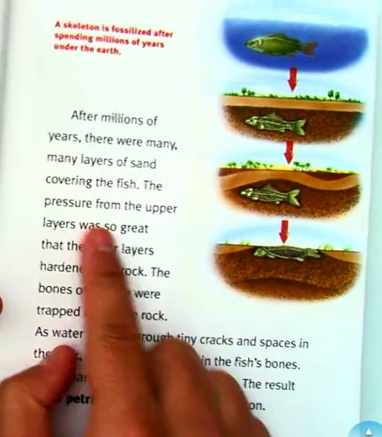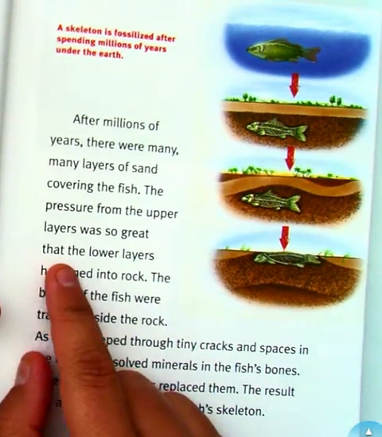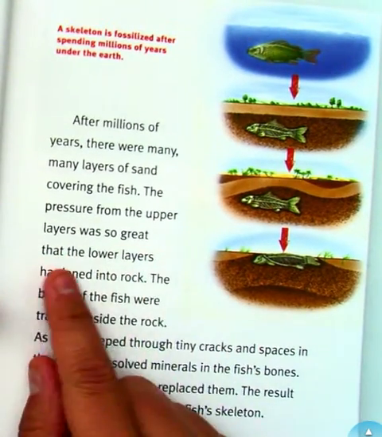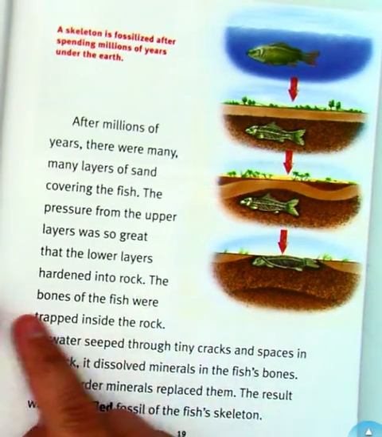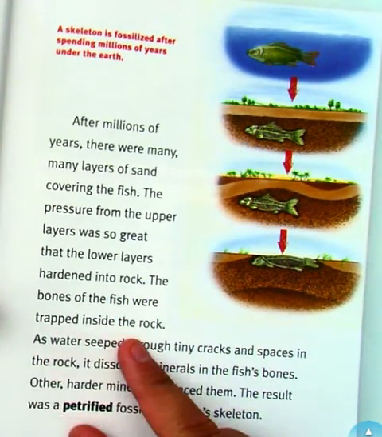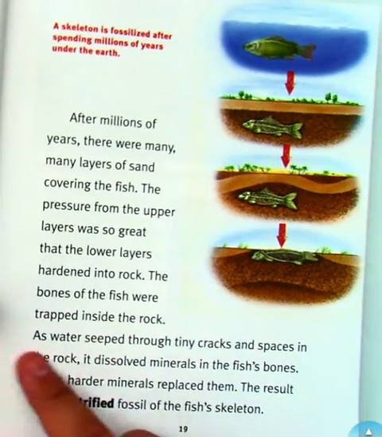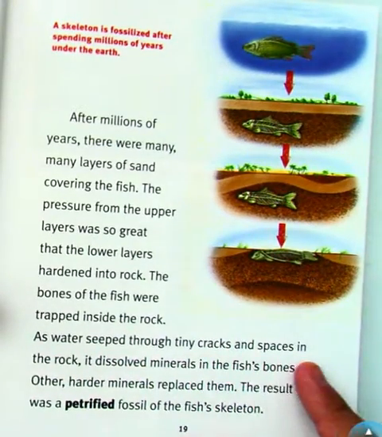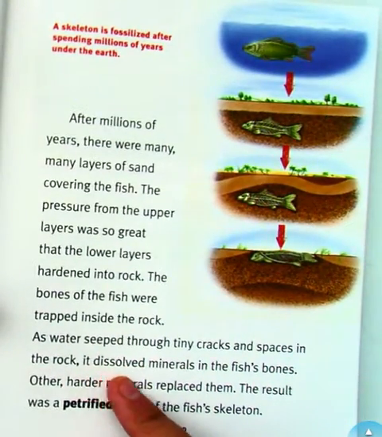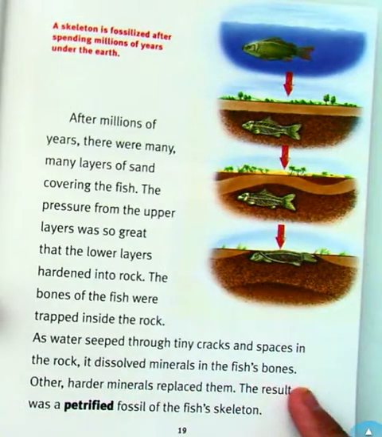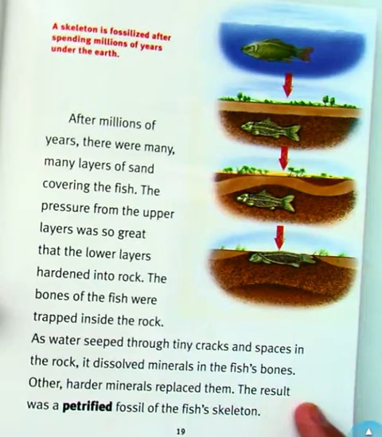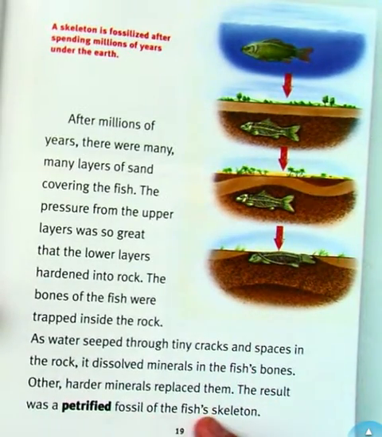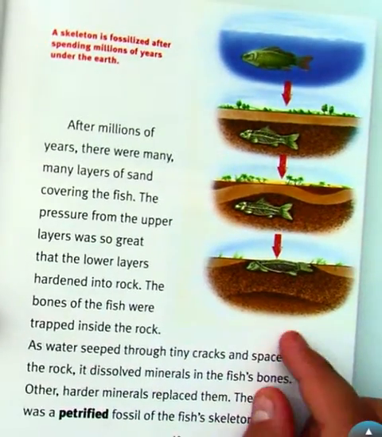The pressure from the upper layers was so great that the lower layers hardened into rock. The bones of the fish were trapped inside the rock. As water seeped through tiny cracks and spaces in the rock, it dissolved minerals in the fish's bones. Other, harder minerals replaced them. The result was a petrified fossil of the fish's skeleton.